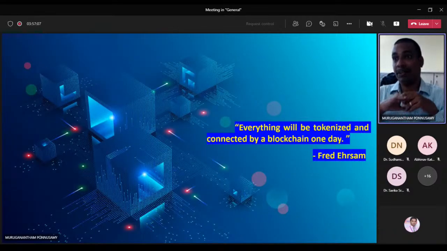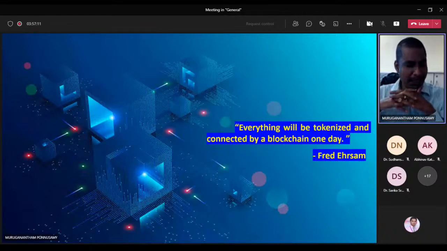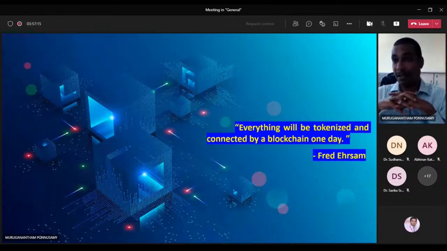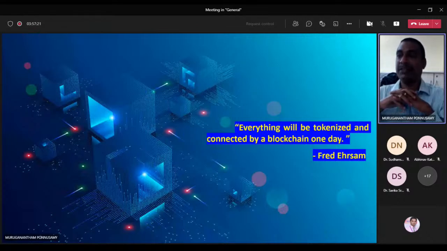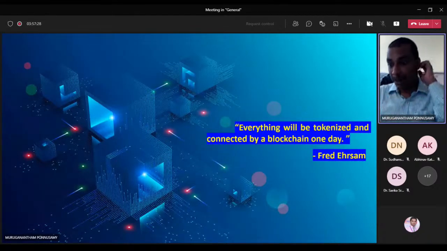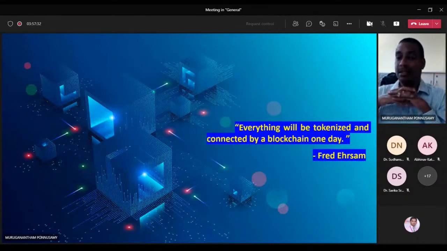Similarly, the Government of Kerala established a blockchain academy as well as an implementation center. The Government of Uttar Pradesh organized an international conference on this specific theme, and they are also in this line. The Government of West Bengal is also in this step.